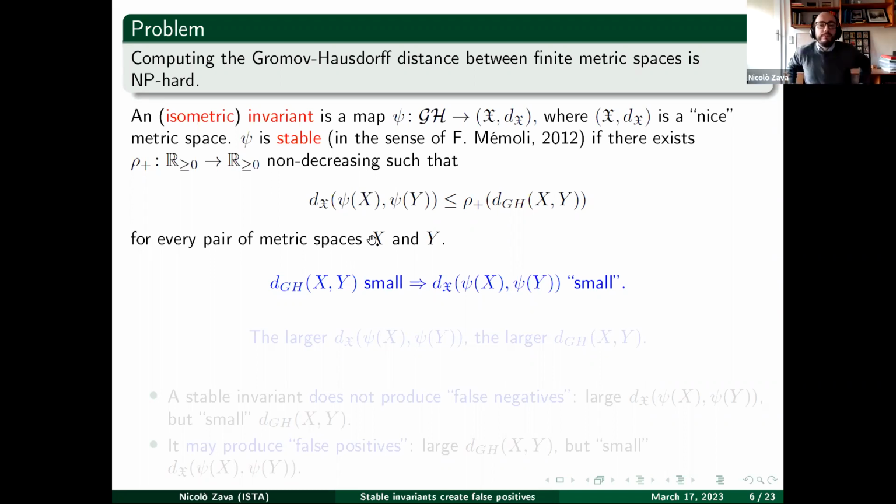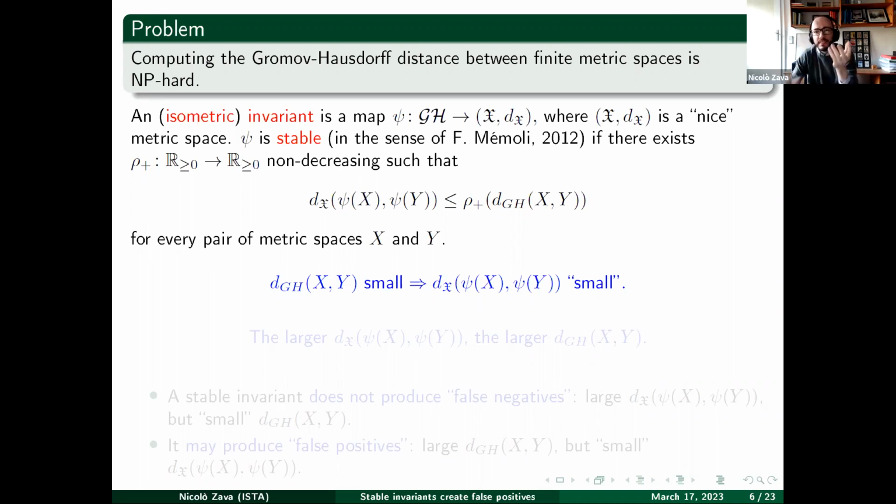This function rho plus can be whatever, but to give you examples, it can be a linear function, and in that case this invariant is a Lipschitz map, but it can also be different.